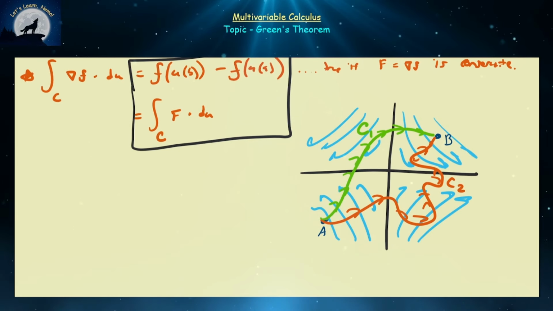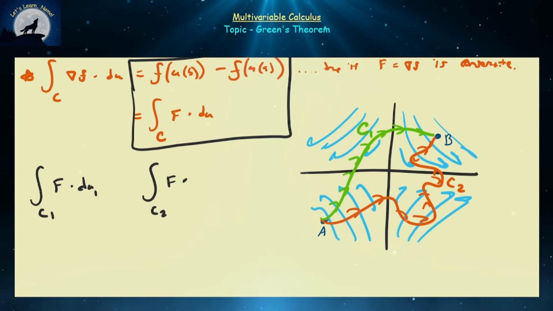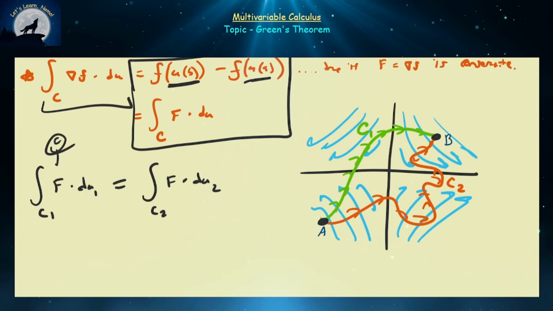So if I calculate the line integral of F over C1, and let's assume U1 is the parametrization of C1, and we calculate the integral over C2 of F, and let's assume that U2 is a parametrization of that, this will be equal to one another because the endpoints are the same. Because as long as this vector field F is conservative, then the integral of it only depends on the endpoints of that path.